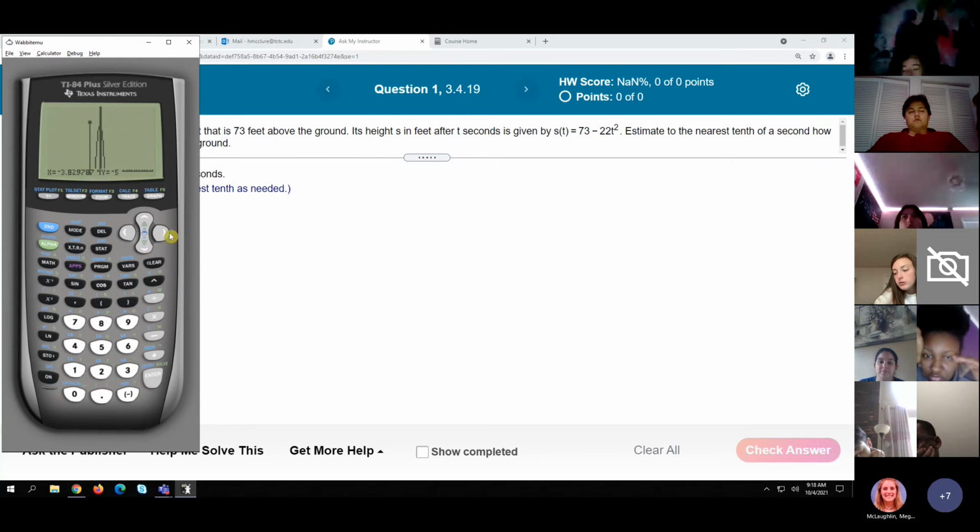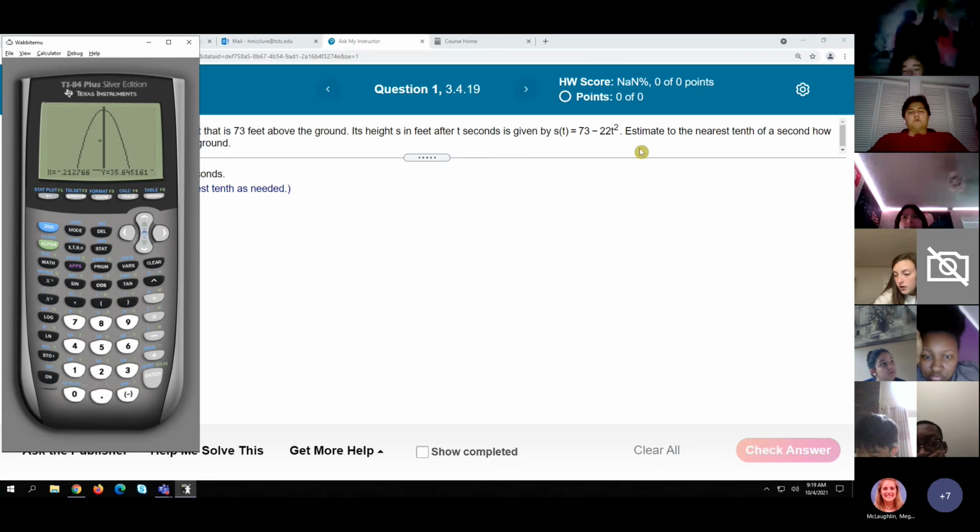I don't know if this is going to work or not, but I'll try it. There you go. That gives you a little bit better indicator right there. So we know it's being dropped right here at 73 feet.